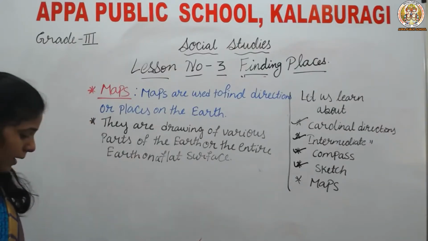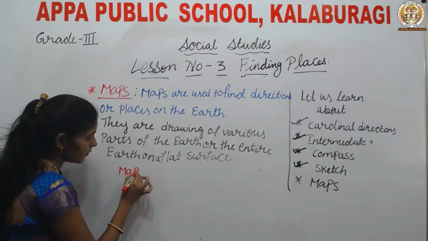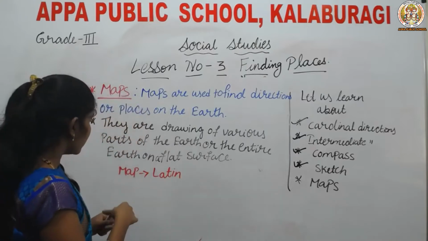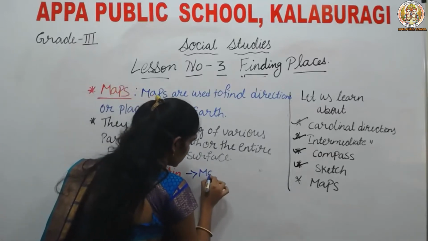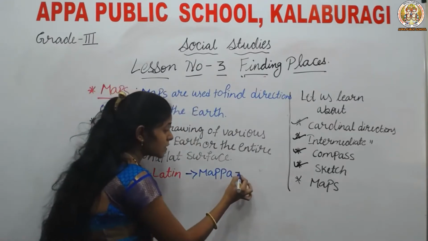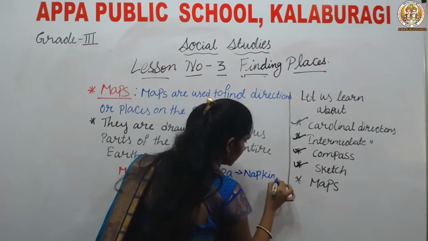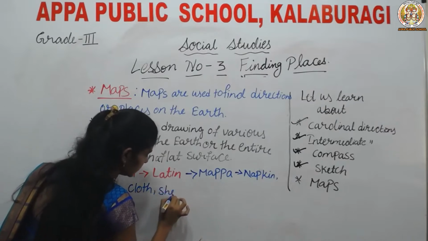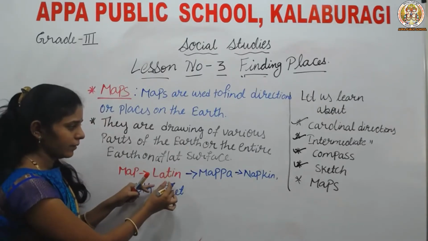See here, the word map comes from a Latin word. The word map comes from the Latin word mappa.